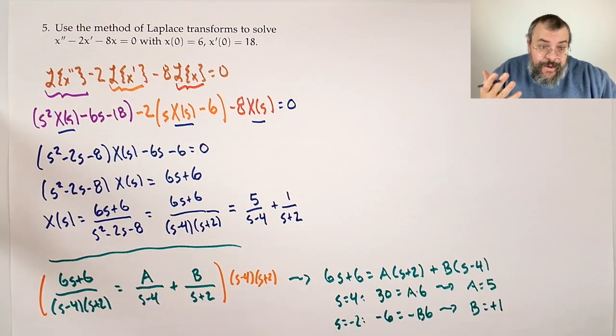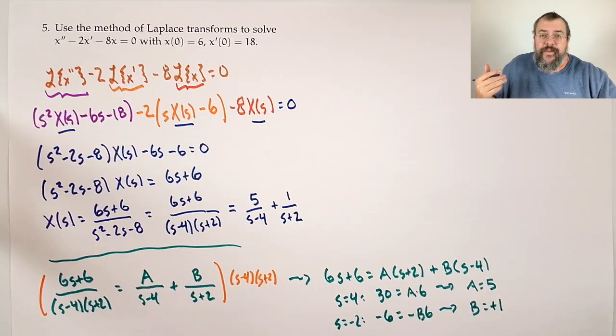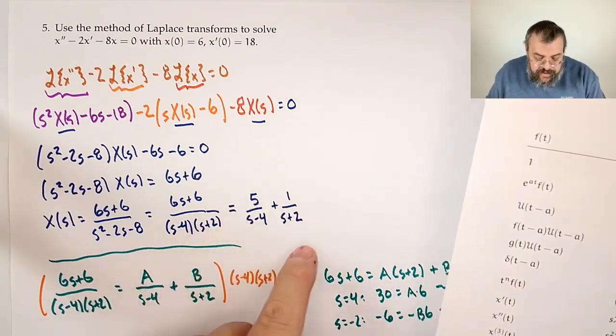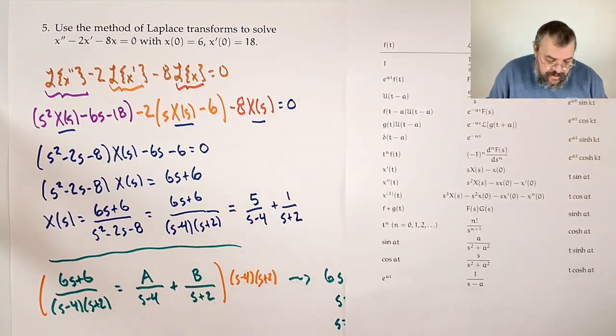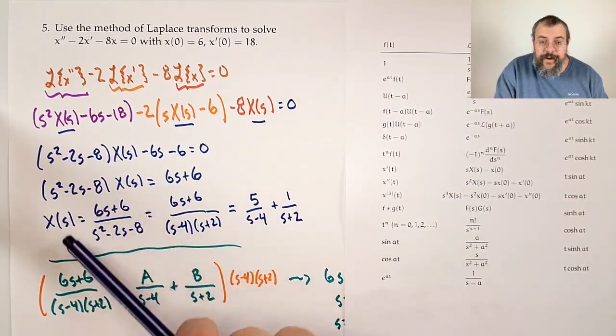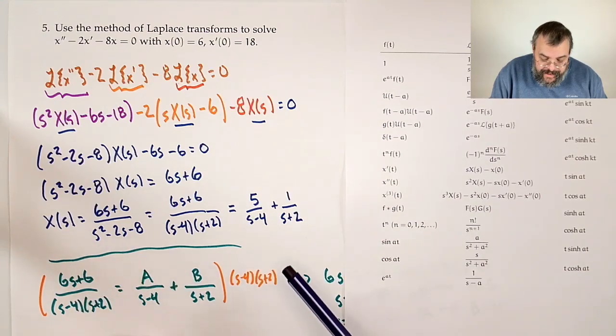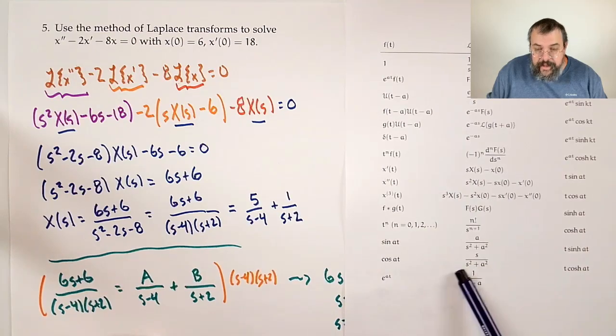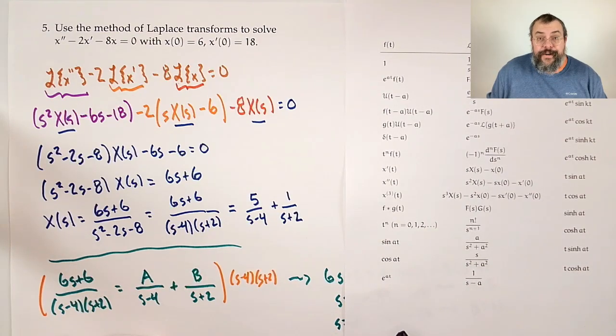And the reason we were doing that is because we wanted to say, hey, we've got our table, and we want to make our pieces look like things on our table. This thing does not look like stuff on our table. But s minus 4, that looks a lot like that. It shows up on our table.